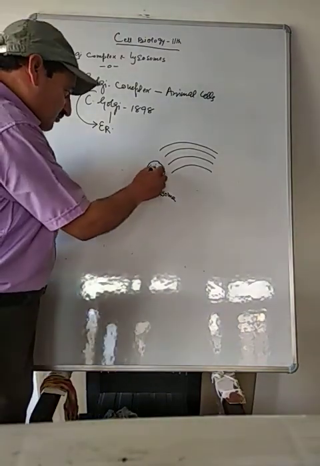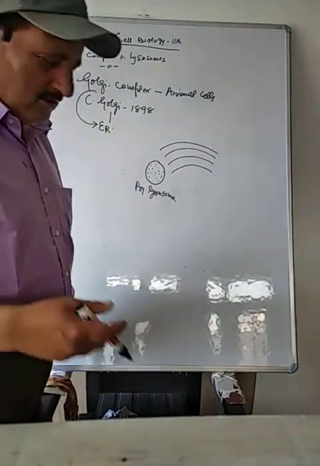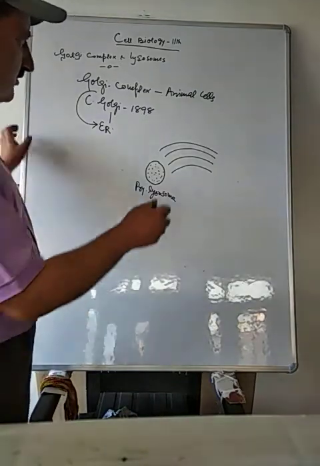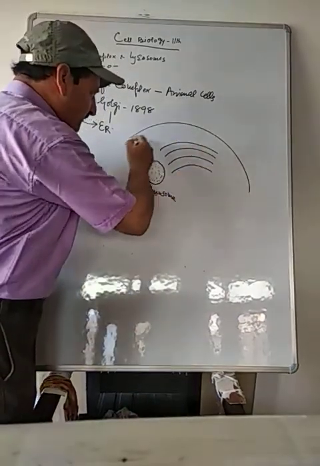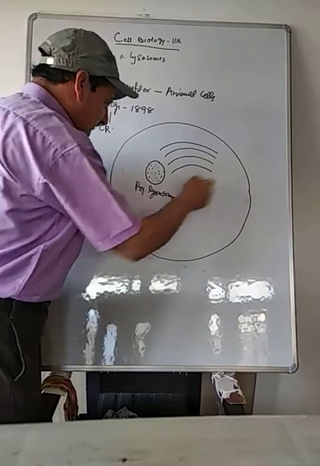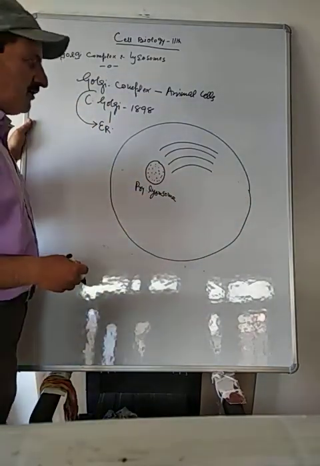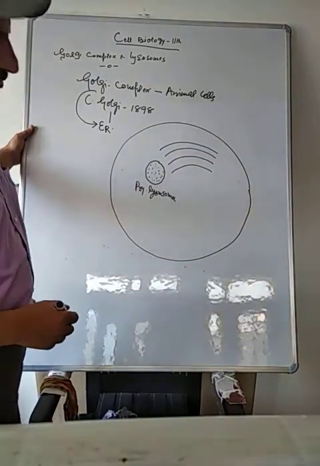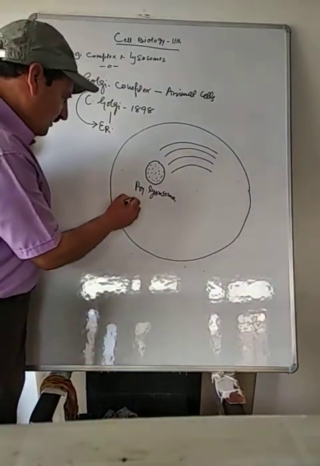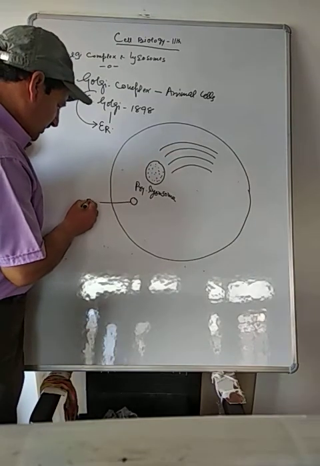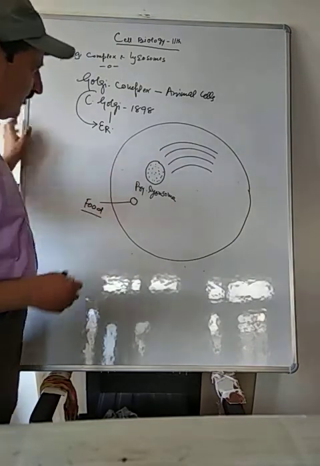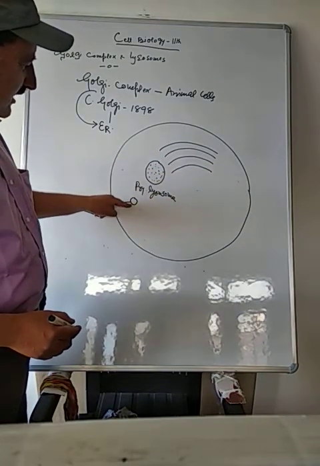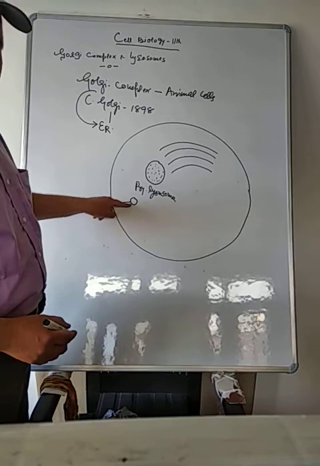Now it contains digestive enzymes, and you know that the main function of digestive enzyme is to digest food. So this is the cell. Here the cell eats food, and you know that the food is taken through a process called endocytosis. Let this be a food particle. This primary lysosome, since it contains digestive enzyme, has a property to digest the food particle.